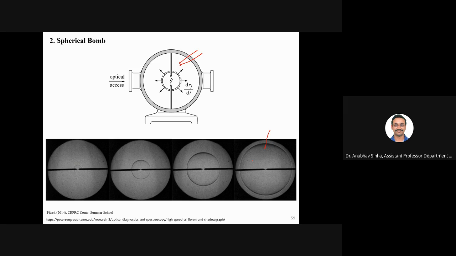Yes or no? Just now you told that pressure will rise. No, sir, it will not remain the same. So what to do? Can we use this technique to measure flame speed or not? You understand the problem?